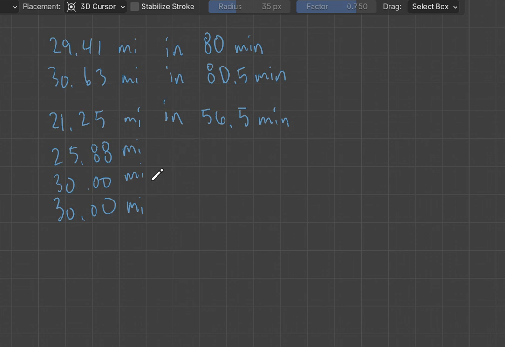I biked 25.88 miles in 72 minutes. And I biked 30 miles in 80 minutes. And on a different day, I also biked 30 miles, and it took 79 minutes.